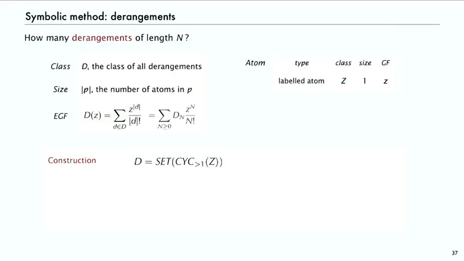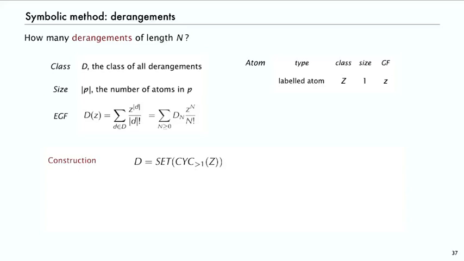One way to phrase it is this way. A derangement is a set of cycles where the length of the cycle is greater than 1, and we just indicate that with cycle greater than 1 of atoms. A permutation is a set of cycles of atoms. This one excludes the ones of length 1.